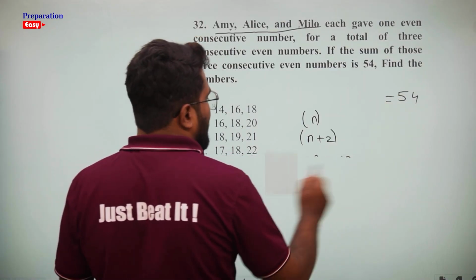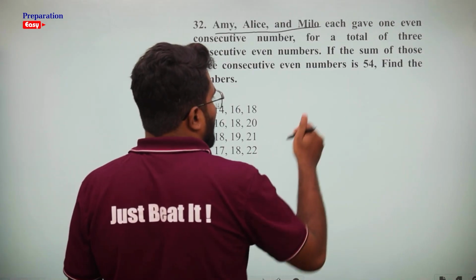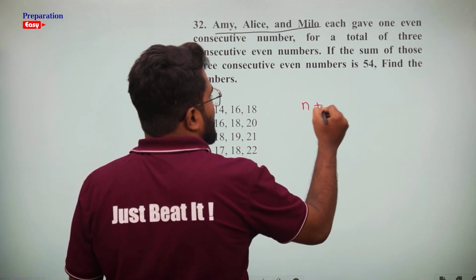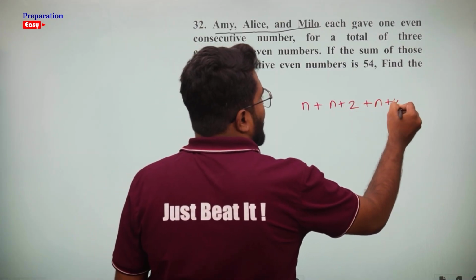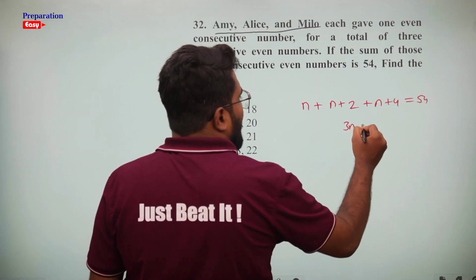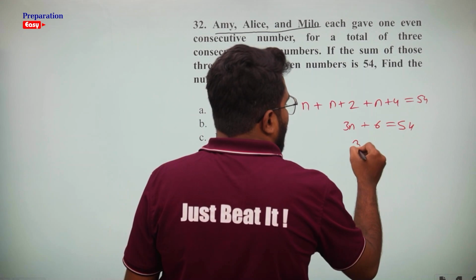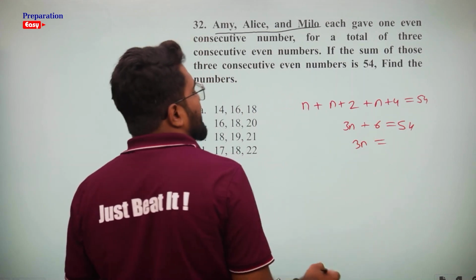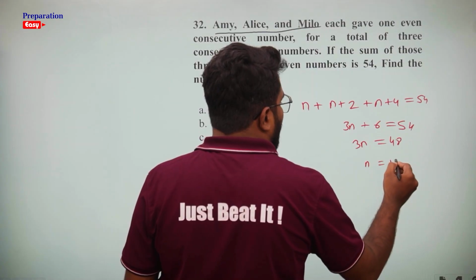So we got 3 numbers, n, n plus 2, n plus 4, whose sum is 54. So I can write n plus n plus 2 plus n plus 4 equals 54. That gives 3n plus 6 equals 54, 3n equals 54 minus 6, that is 48, and n equals 12.